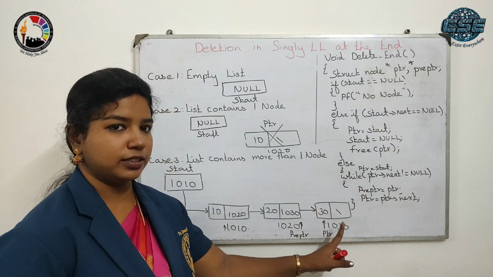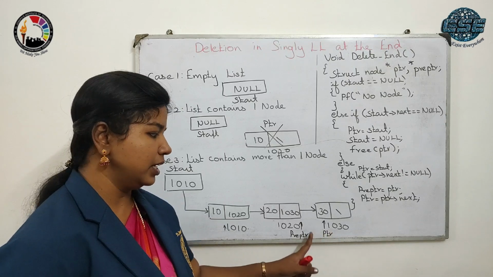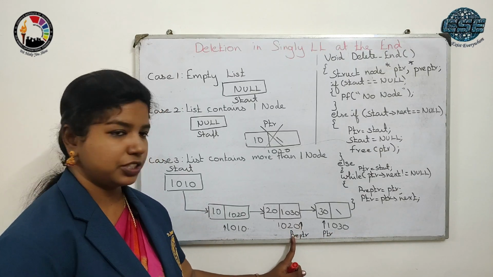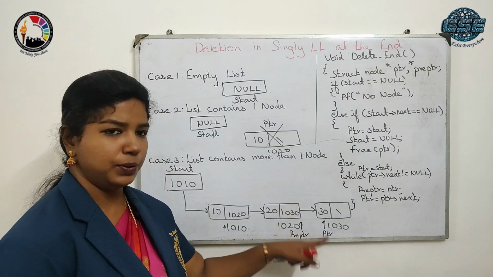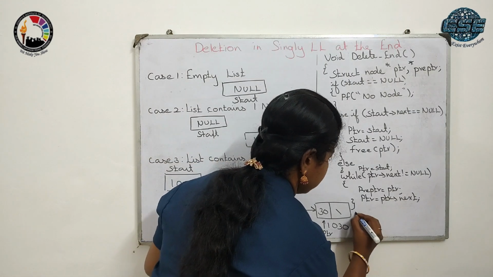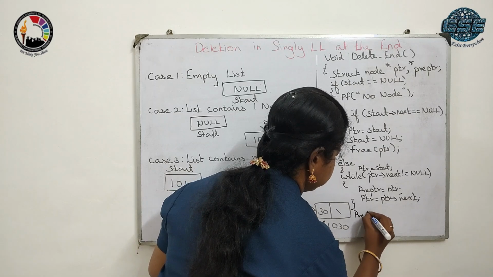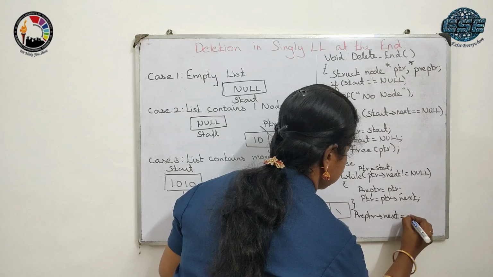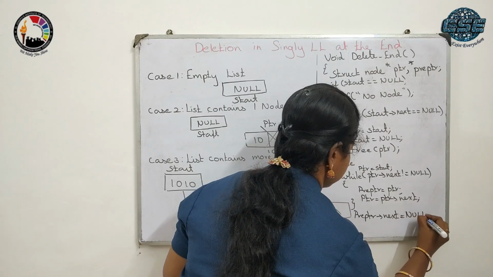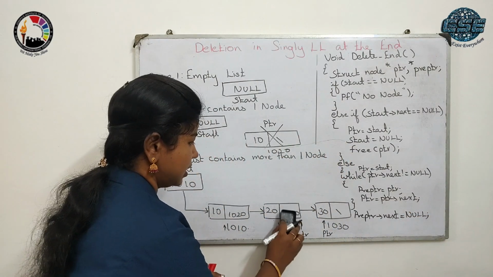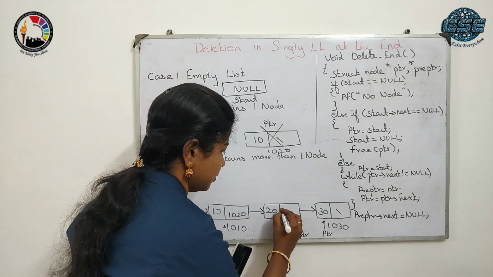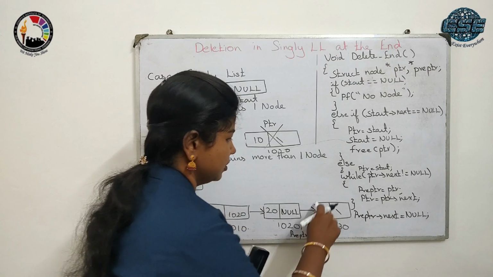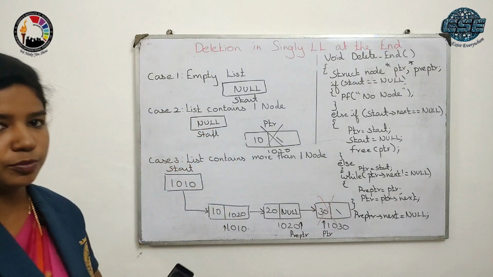So for the last node we have the pointer variable, and for the previous node we have the pre-pointer variable. Now we have to change the pre-pointer of next to null. So pre-pointer of next is equal to null. So this address will be changed to null, and this connection will be removed.